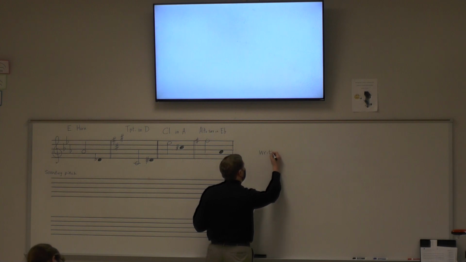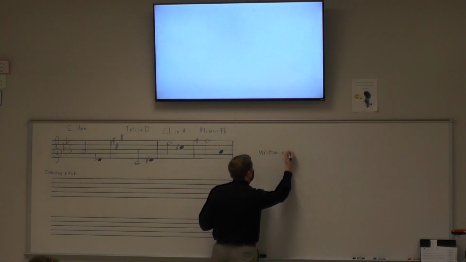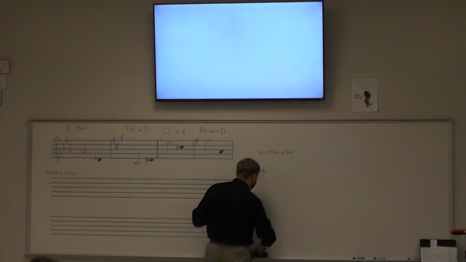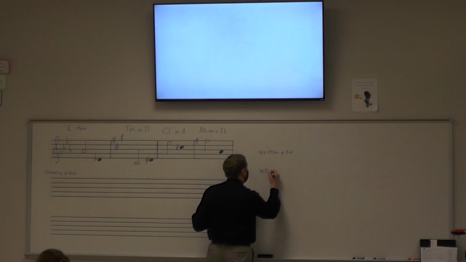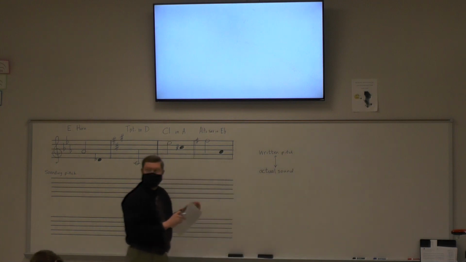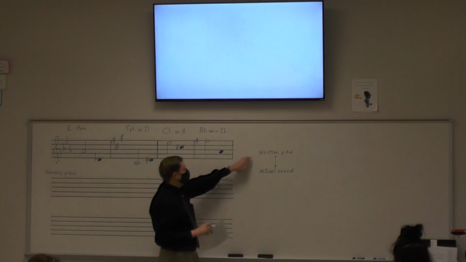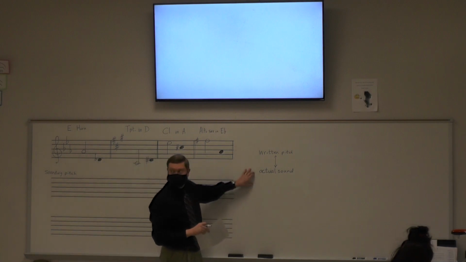You could say that the written pitch was higher or above the actual sound. For 6 out of those 7 instruments, the written pitch is always higher than the actual sound.